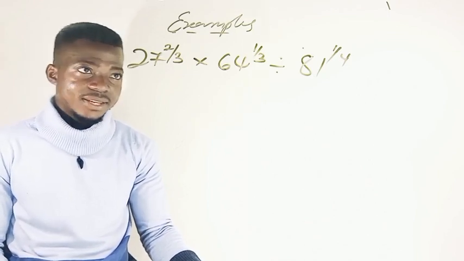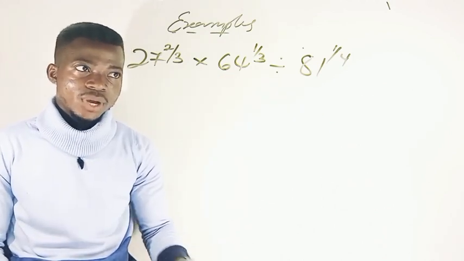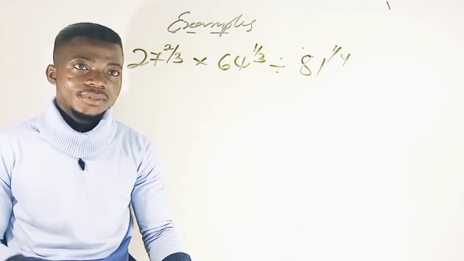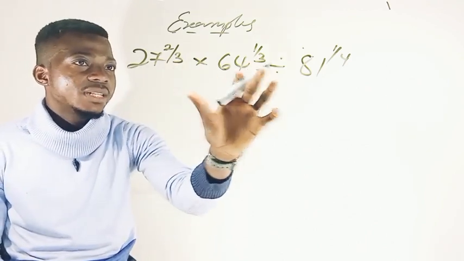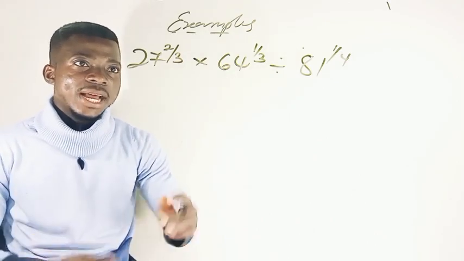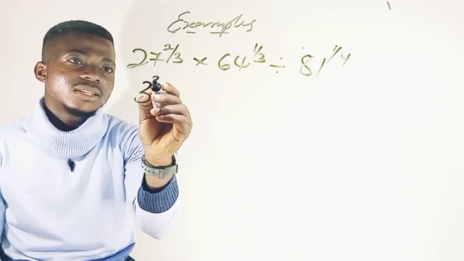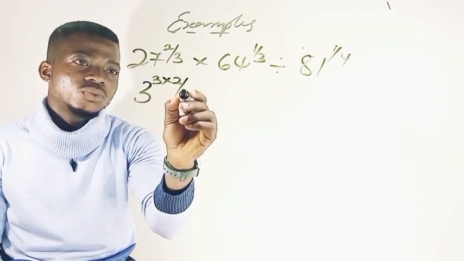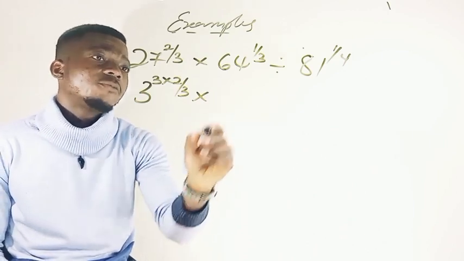So what you have to do first is to write these big numbers in index form. When you're doing it, you have to be checking the denominator of the exponent, so that you can write it in a way that it can match and you can cancel. So here we have 27 as 3 exponent 3, that one goes with 2 over 3. 64, we have 4 exponent 3.